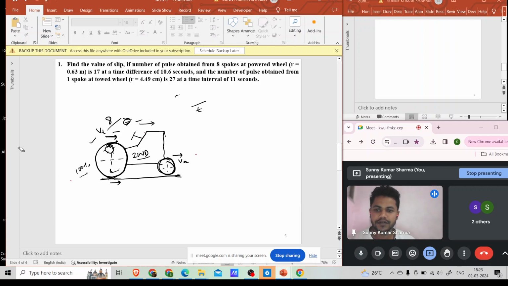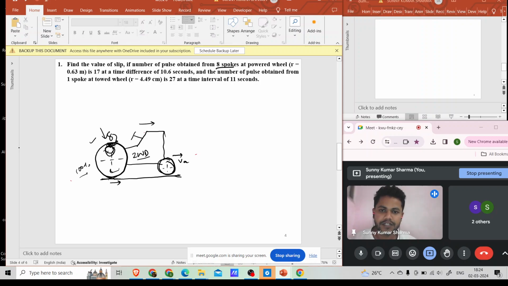This question, if you solve it, will become more clear. Suppose that you have to find the slip value. The number of pulses obtained from 8 spokes at the power wheel: inside this wheel we have some splits, and there are 8 spokes attached here.